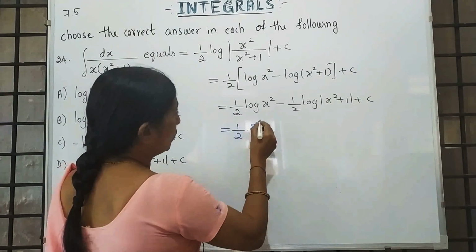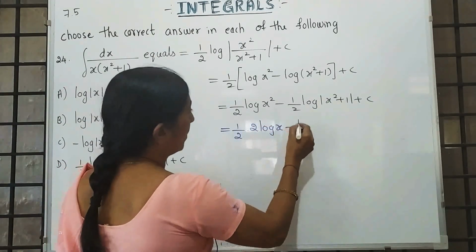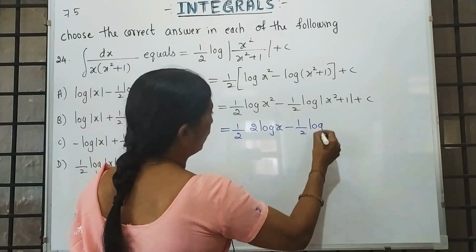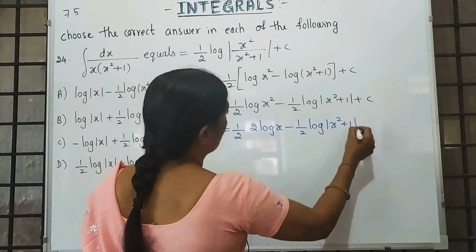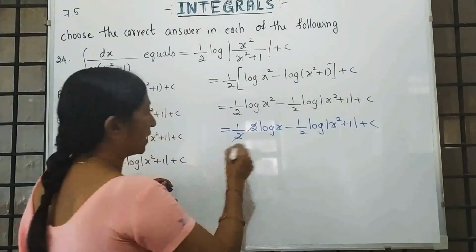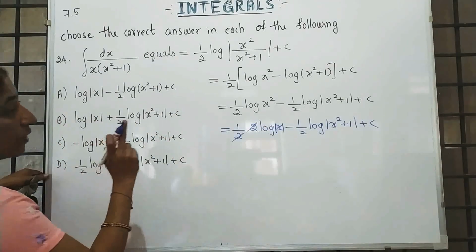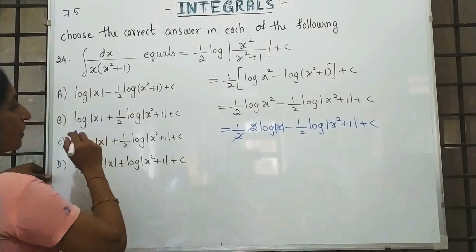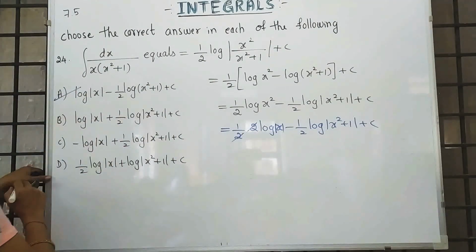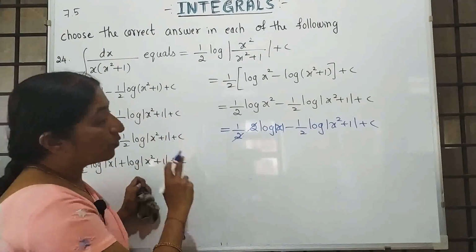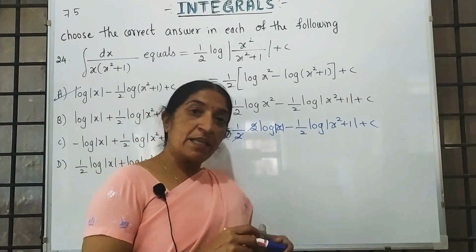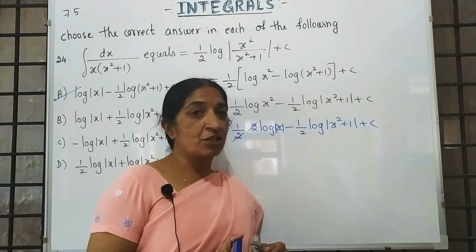This is 2 into 1 by 2 log x minus 1 by 2 log of x square plus 1 plus c. These two get cancelled. If you want, write it in mod. Log x minus 1 by 2 log of x square plus 1 plus c. The first answer is correct. So like that we have to apply those formulas. In the next class I will start with integration by parts.